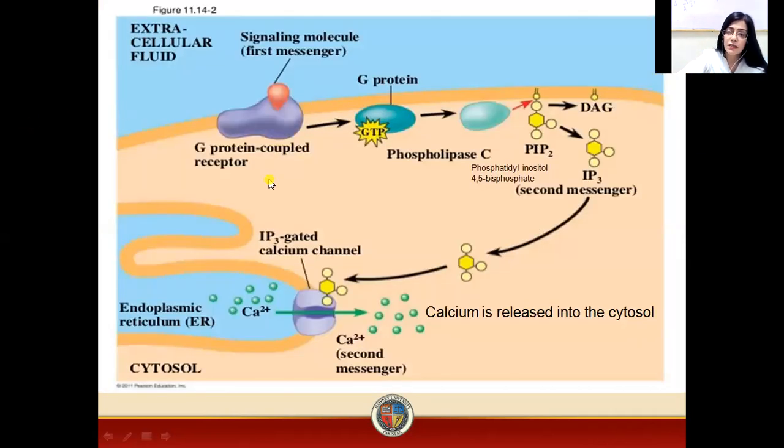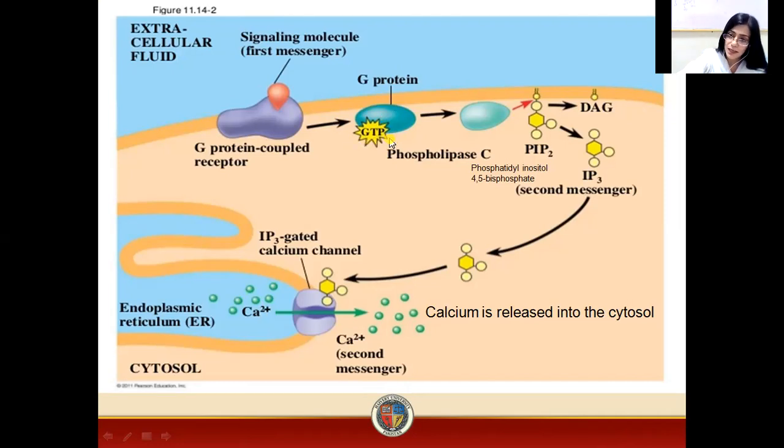Again, this figure is representing that this blue area is extracellular fluid. Here we have a protein that is linked with Gq protein. Then in the cell, which is represented in pink color, we have endoplasmic reticulum, which is containing calcium. Whenever there is activation of Gq protein, then Gq protein will link itself with GTP.